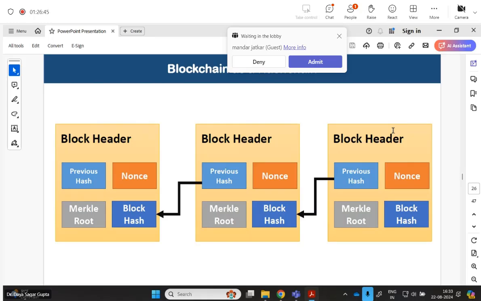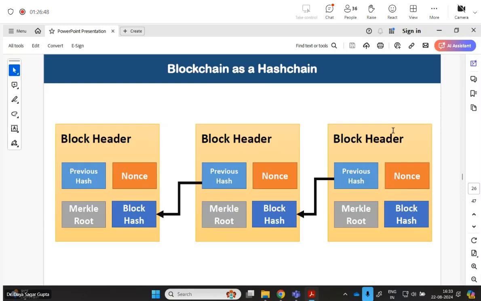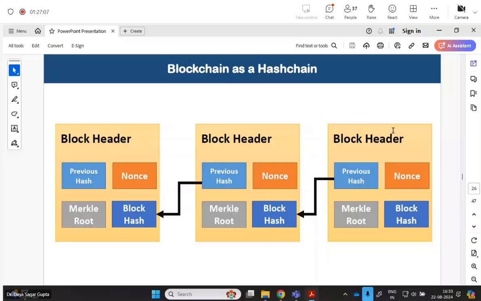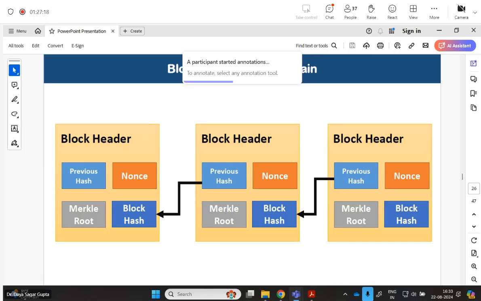Now see this blockchain, the hash chain. Previously we saw this figure where my block has a header part which only has the hash of data and data. Now here in this block we are going to have many things. This previous hash will be there. Obviously, this is the previous hash, and this is the block header only. There is no data. This is the block header.